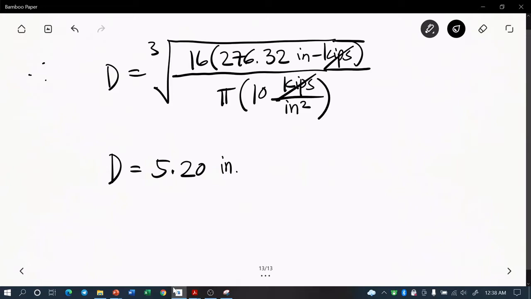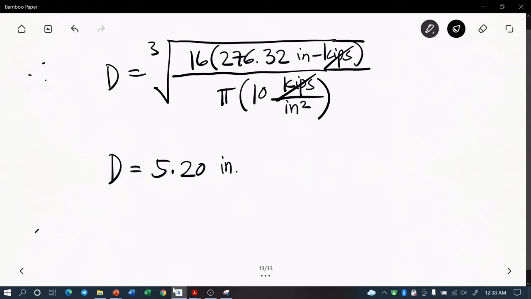However, 5.20 inches is not a standard size. If you're going to purchase a shaft of 5.20, you might not be able to find one since it is non-existent. The sizes available in the market are the standard sizes. The nearest standard size for 5.20 is 5 1/4 inches.